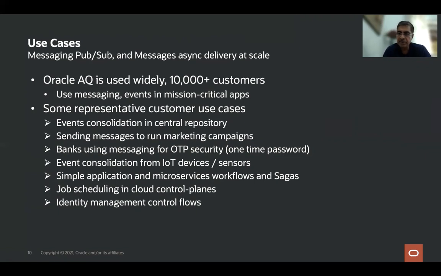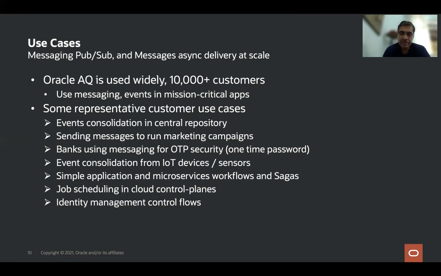Event consolidation from IoT devices and sensors comes through Oracle AQ. And simple application microservices, workflows, and sagas. Sagas are basically transactions across microservices that are supported with AQ messaging. Job scheduling and control planes, cloud control plane or any other control plane you will be writing.